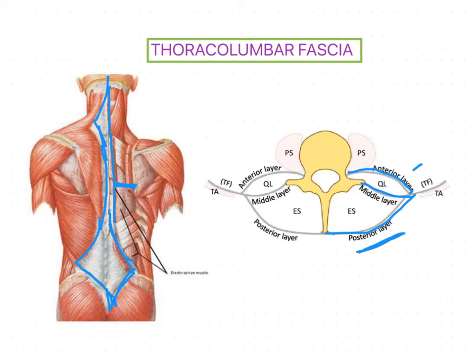The middle and anterior layers are confined to the lumbar region only. So this is the extent of the thoracolumbar fascia. Now we will see the attachments of all these layers.